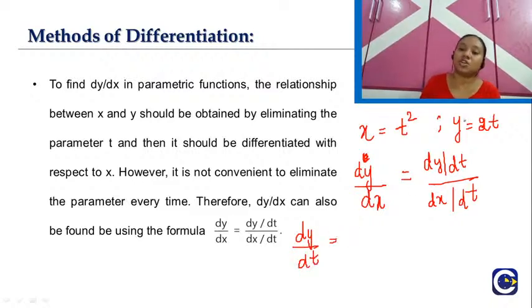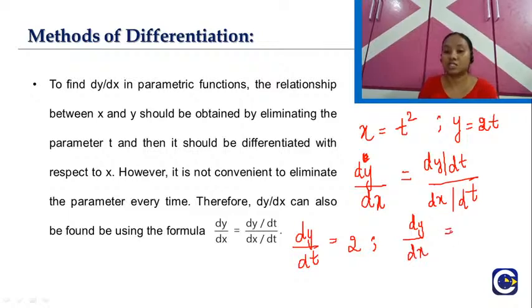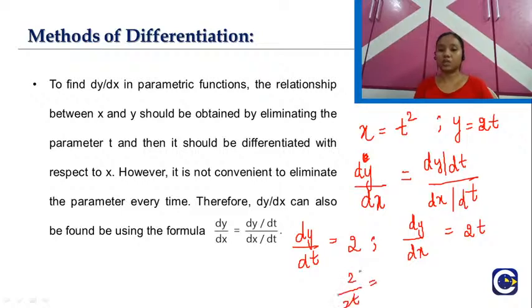Normal differentiation of the y function with respect to t gives 2. Similarly dx by dt is equal to 2t. So dy by dx is 2 by 2t, which is equal to 1 by t. Hence dy by dx is equal to 1 by t.